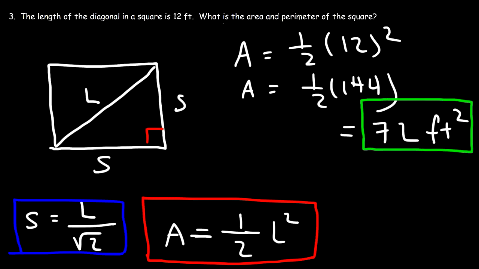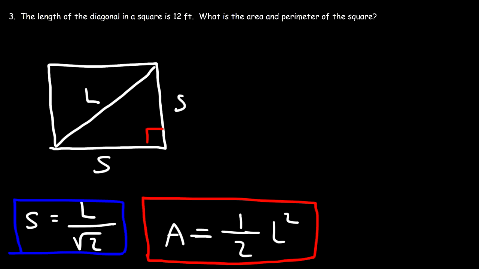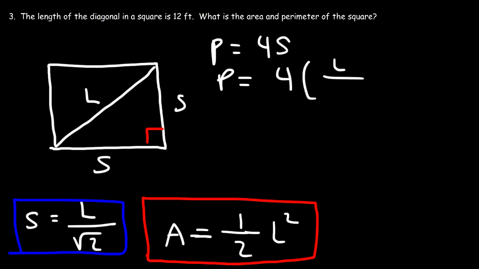Now, let's calculate the perimeter of the square. So the perimeter of the square, we know it's 4s. And in this problem, s is L over the square root of 2. So now I'm going to rationalize this expression. I'm going to multiply the top and the bottom by the square root of 2.